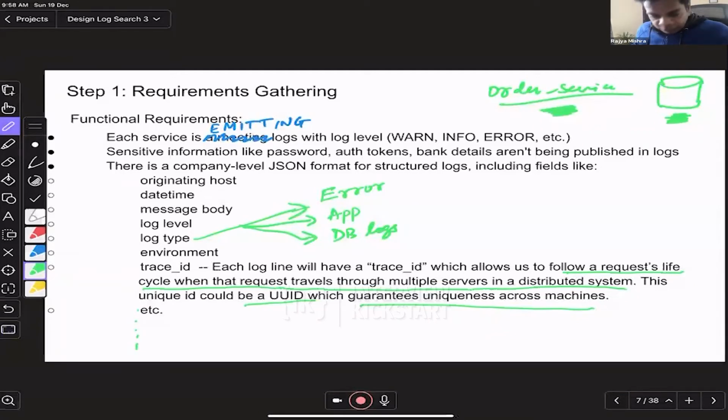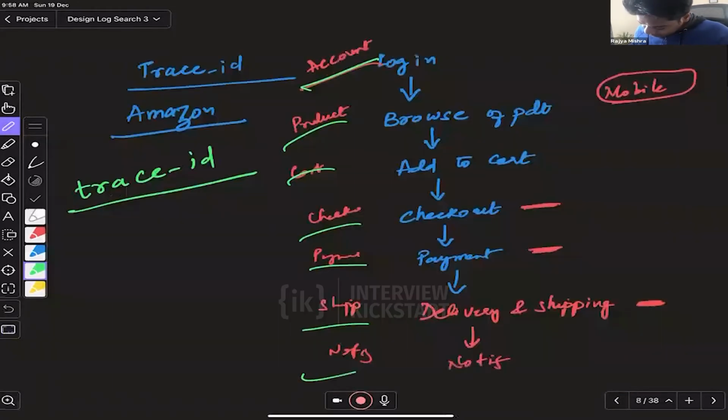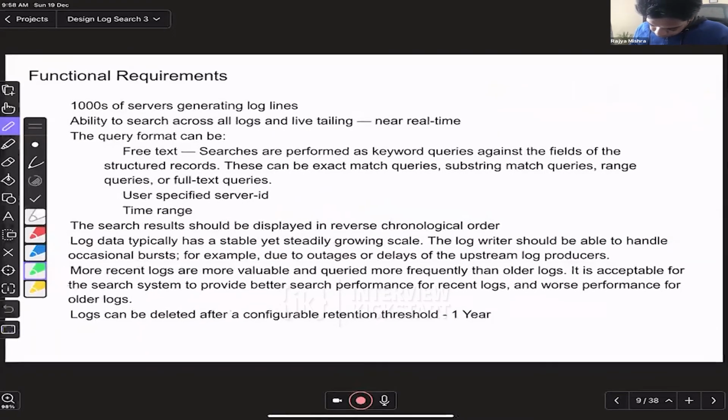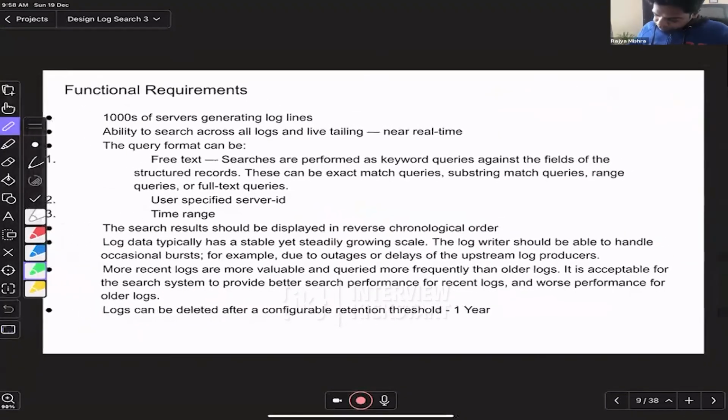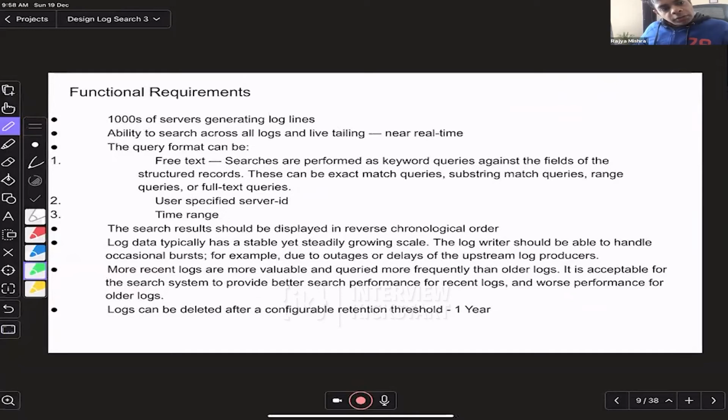Okay. So these are the functional requirements. Now let's look at some other requirements also. Thousands of servers are generating log lines. We should have the ability to search across logs, and live tailing.